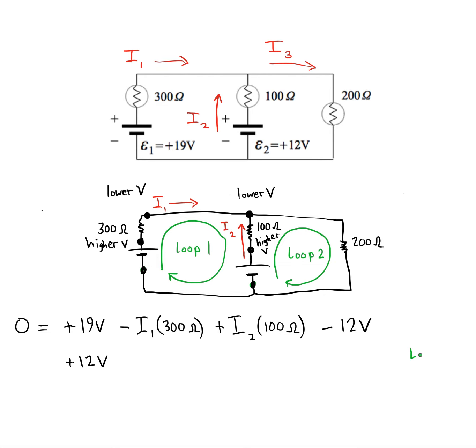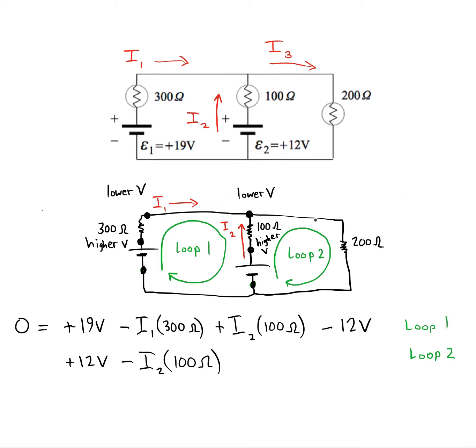And let me make it clear that this is loop 2, and this is loop 1. We're going to go through a resistor in the direction of current. So let's subtract I2 times 100.